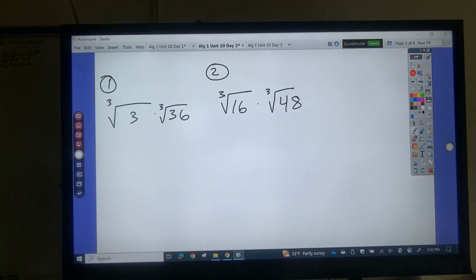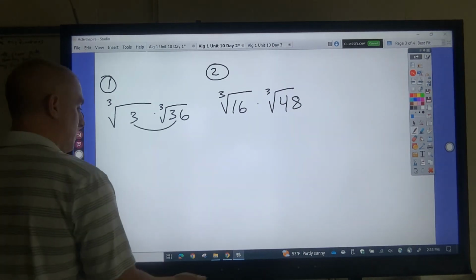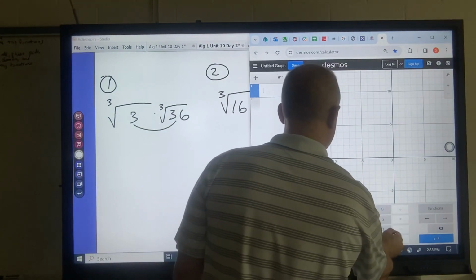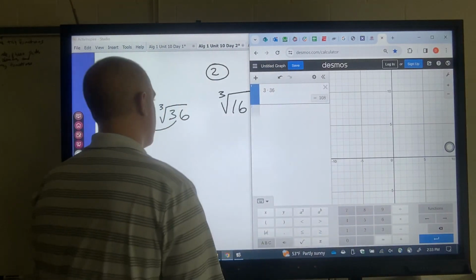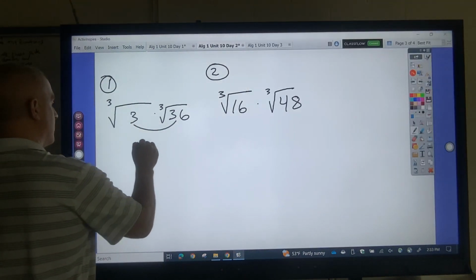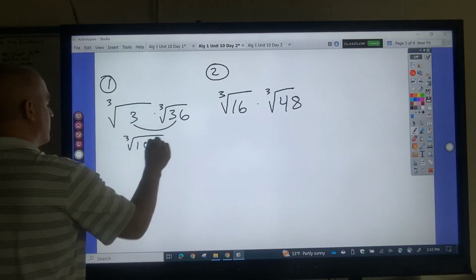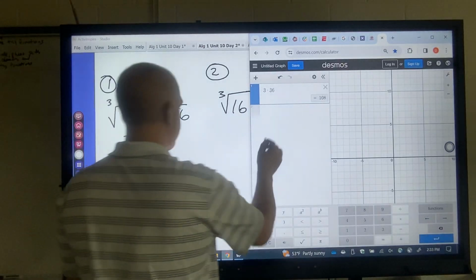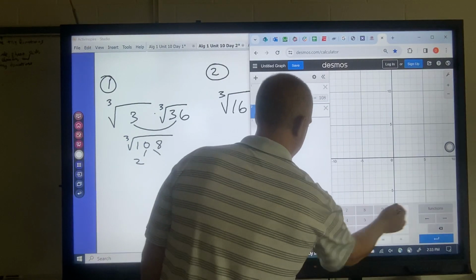All right, now when you do this to the cube root, same concept. Multiply on the inside. 3 times 36, 108. Cube root of 108, okay? So that would be 2 and 54, because I think 108 divided by 2, that's what you get.